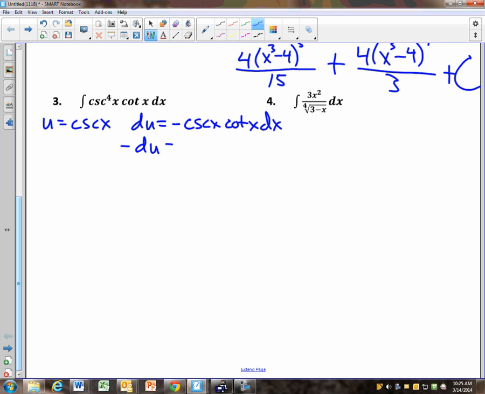All right, negative du is equal to cosecant of x, cotangent of x dx. You do not have a cosecant up there. Or wait a minute, we do. Watch this.